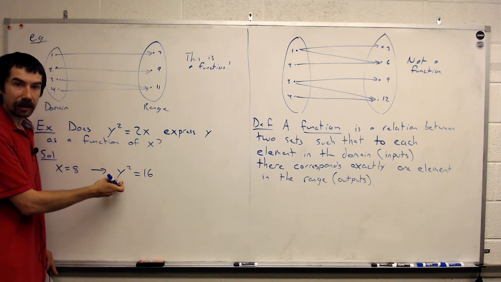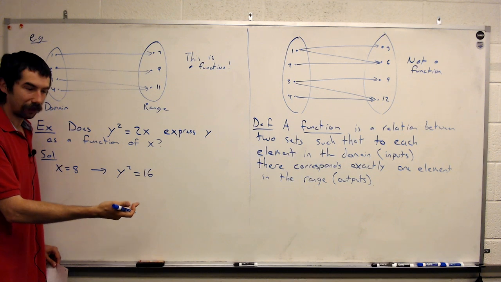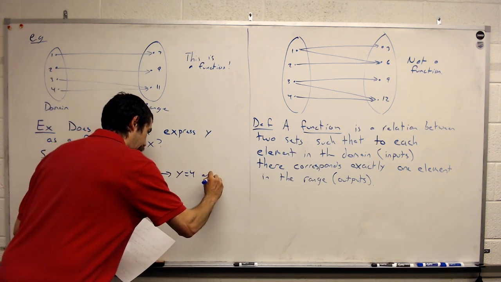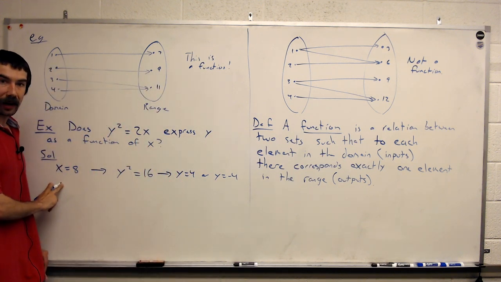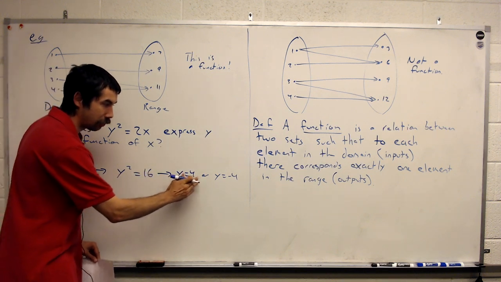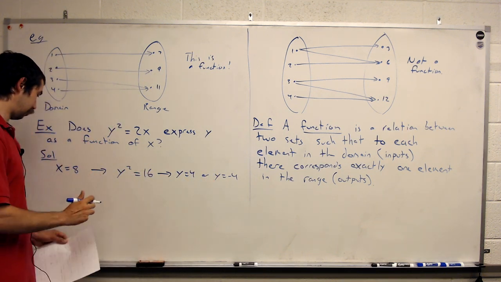And there's two different values that have their square is 16, 4 and negative 4. Okay, so this value in our domain, 8, corresponds to two different values in the range, so we do not have a function.